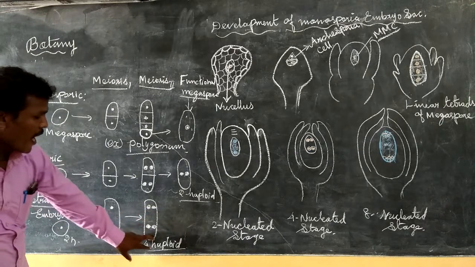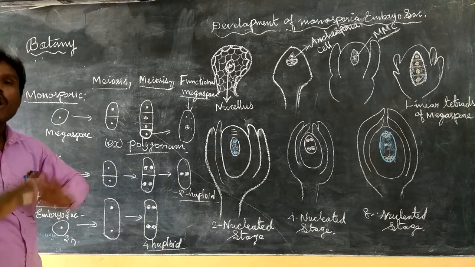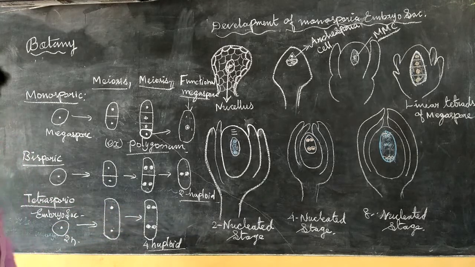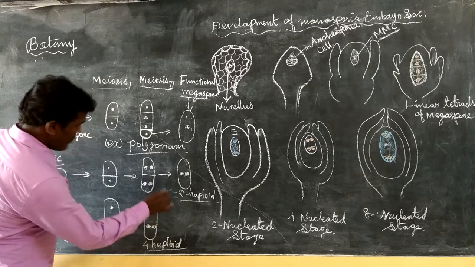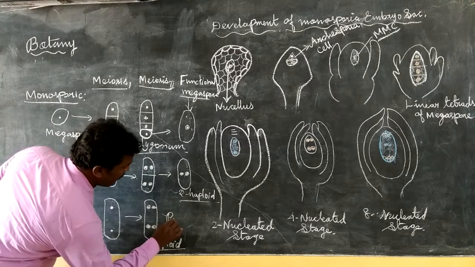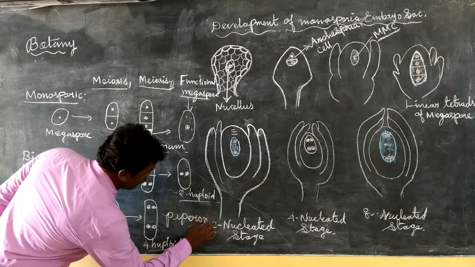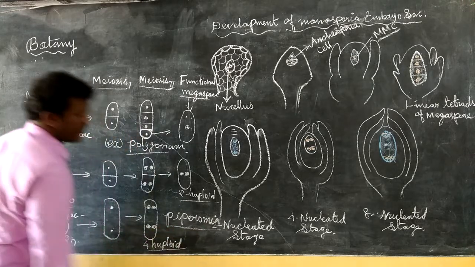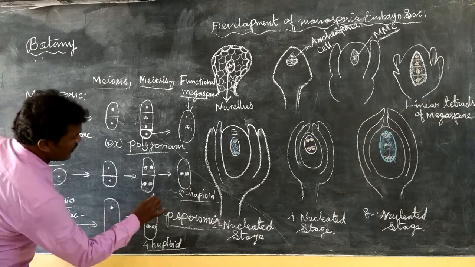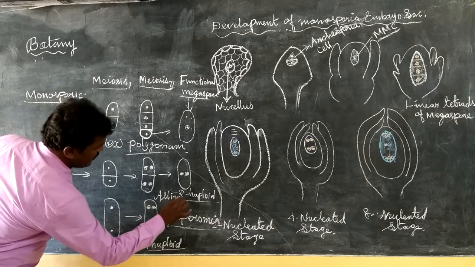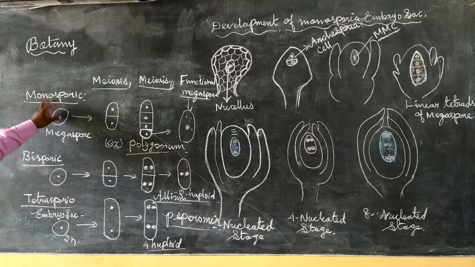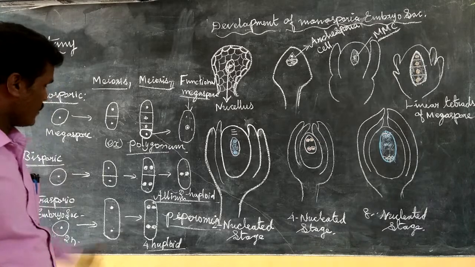All these 4 haploid cells are involved in the formation of the embryo sac. Then it is said to be a tetrasporic embryo sac. An example for tetrasporic is Peperomia. Onion, Allium, is an example for the bisporic. Polygonum is an example for the monosporic embryo sac.